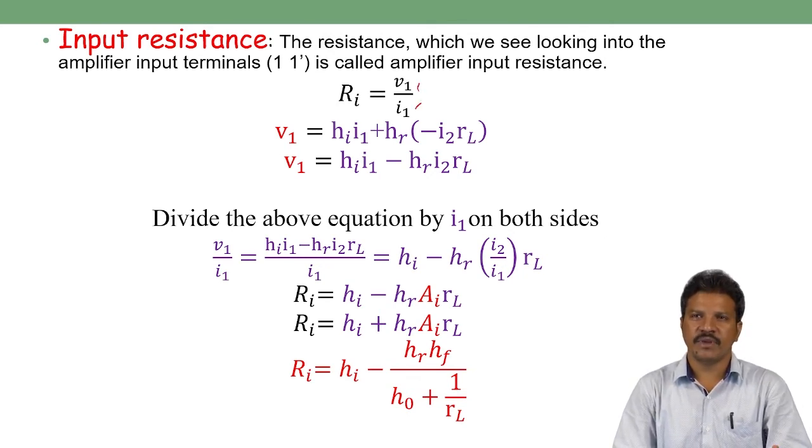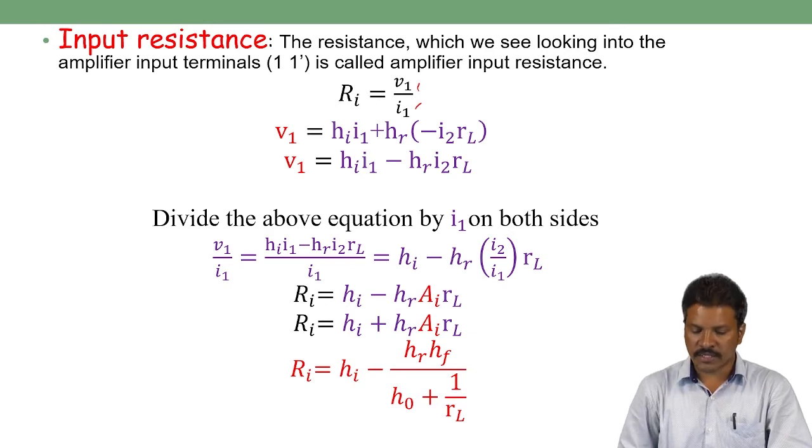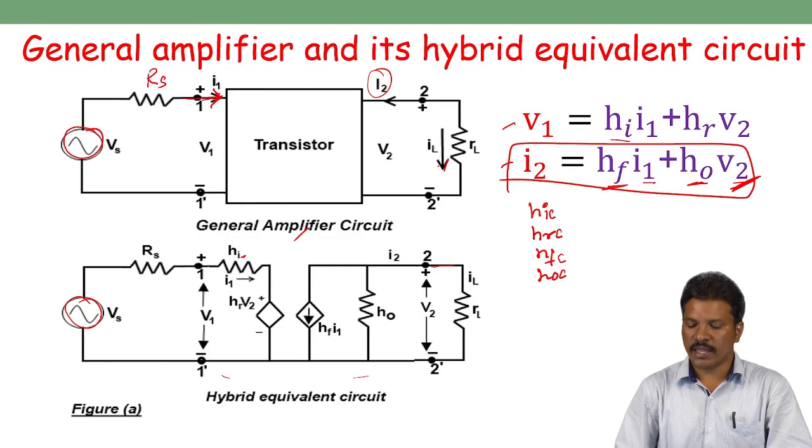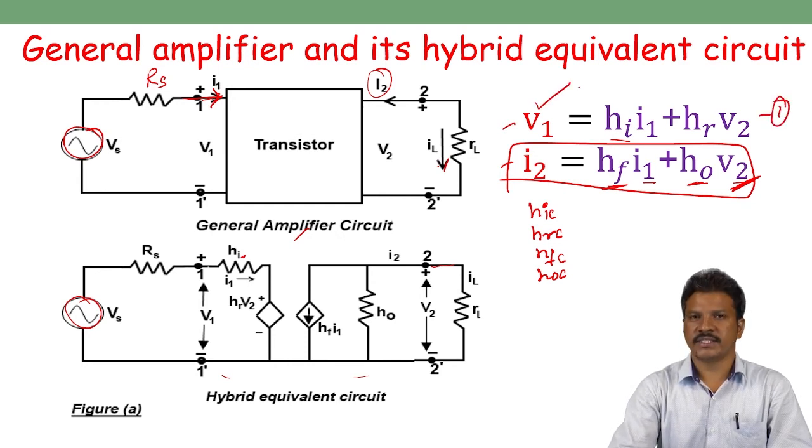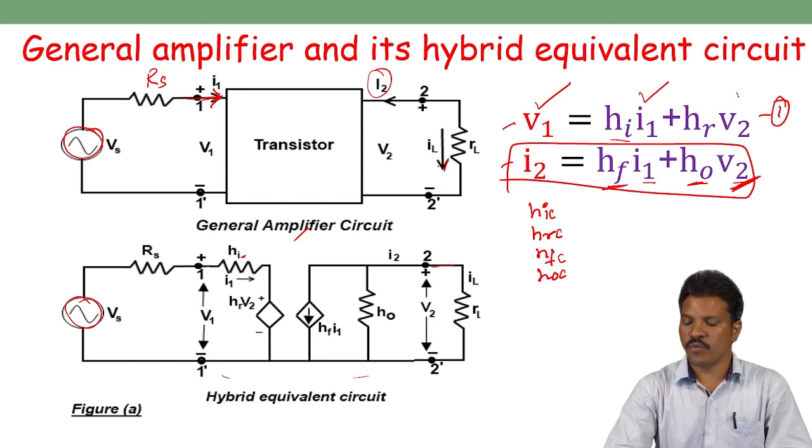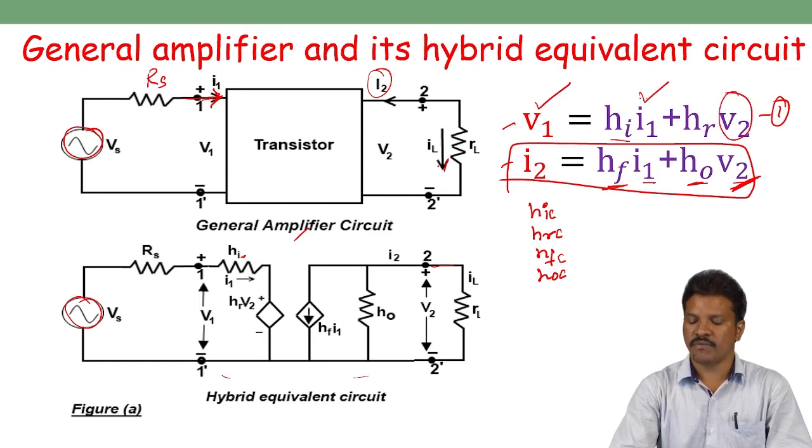The voltage V1 and current I1 appear in equation 1. Here it is the V1 term and the I1 term. Only when we replace the V2 term in terms of V1 or I1 can we get the input impedance from H parameter equation 1.